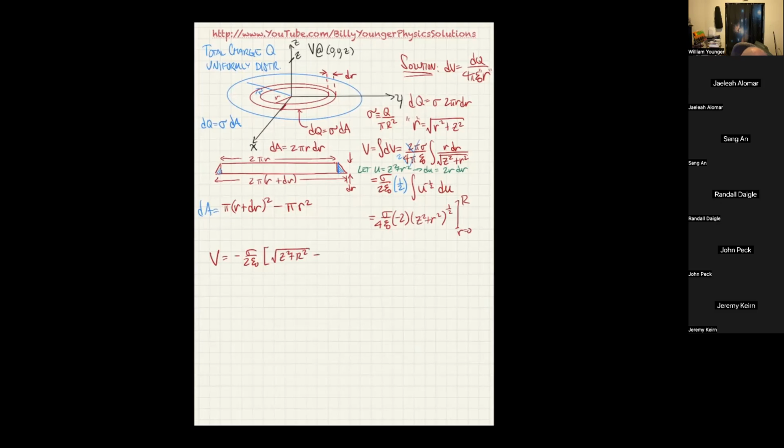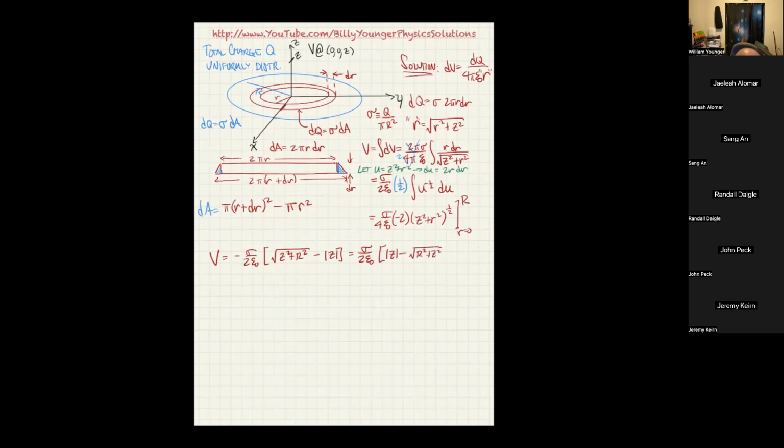So I end up taking the square root of z squared, but it's a principal square root, so that technically becomes just the absolute value of z. I can make this prettier by getting rid of the negative, by changing the order of the subtraction. So I'm going to call this sigma over 2 epsilon naught times the absolute value of z minus the square root of r squared plus z squared.